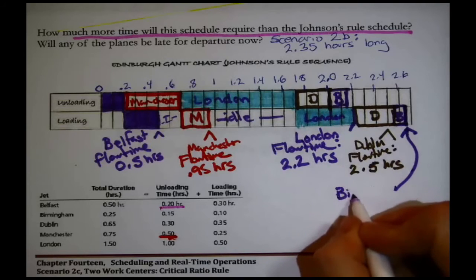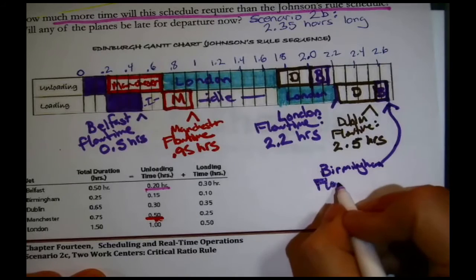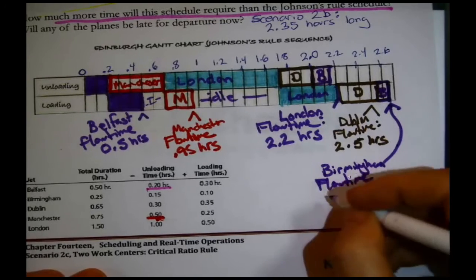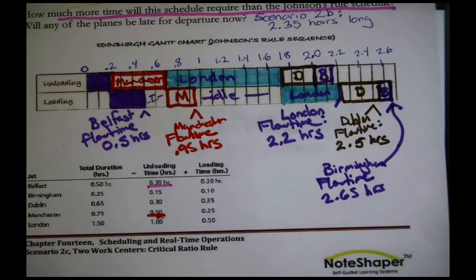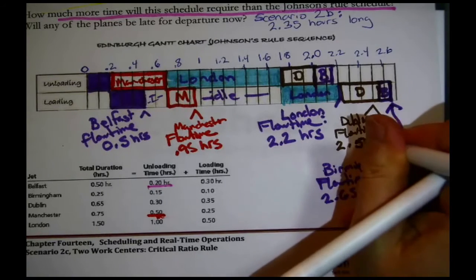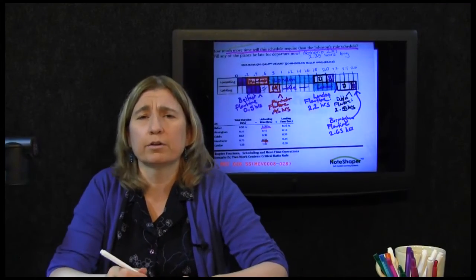Birmingham flow time is 2.65 hours. Actually, I left off a 5 off of Dublin. It's 2.55 hours. Sorry about that. Birmingham's flow time, just a little while later, 2.65 hours.